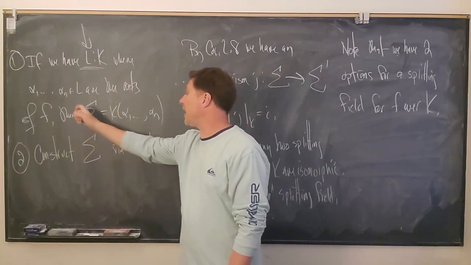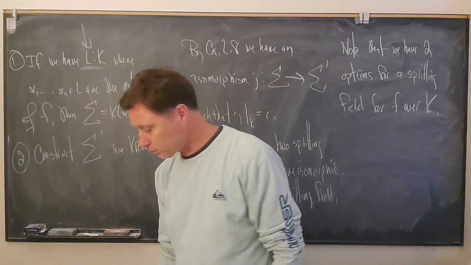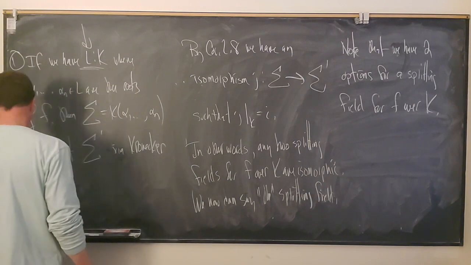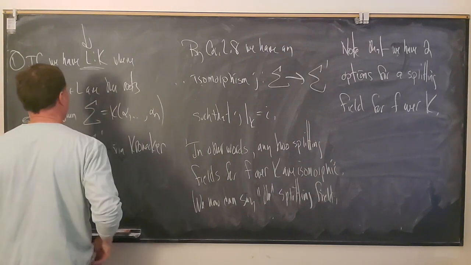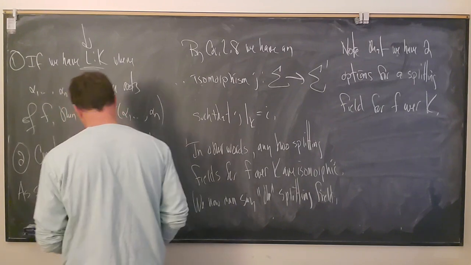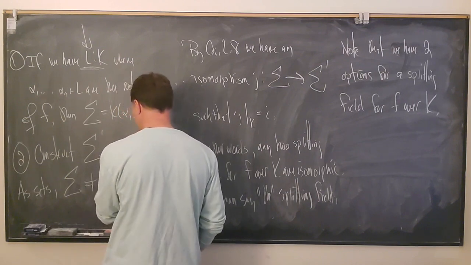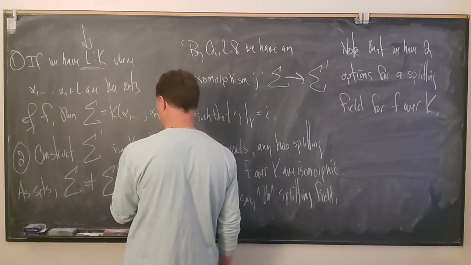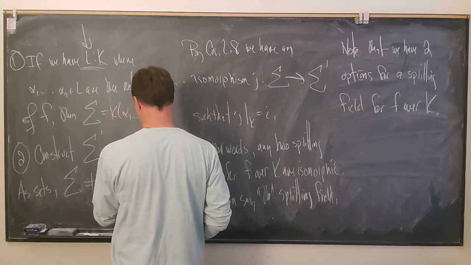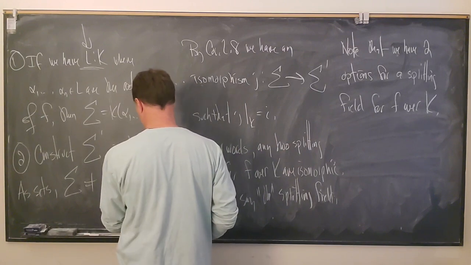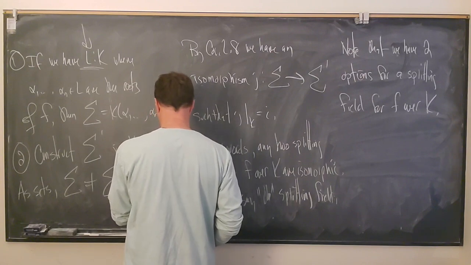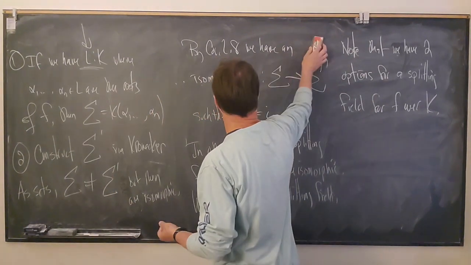They show us that in the end, algebraically, these are the same. As sets, sigma is not necessarily equal to sigma prime, but they are isomorphic. So algebraically, it's all the same, which means that we can say the splitting field.